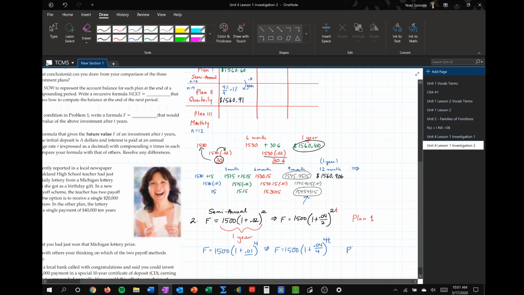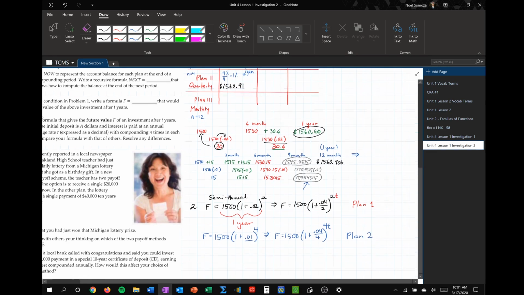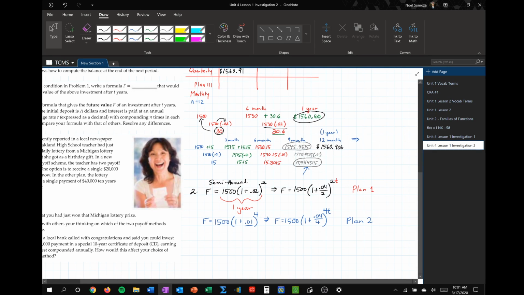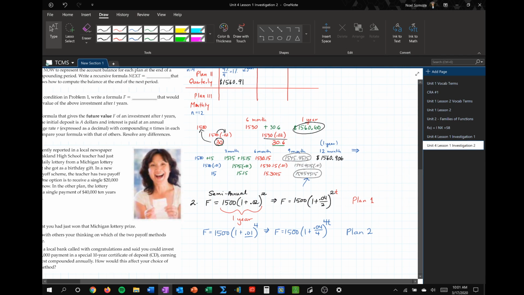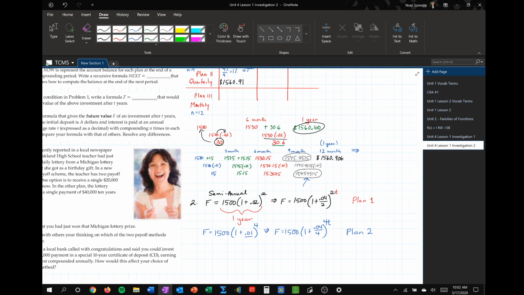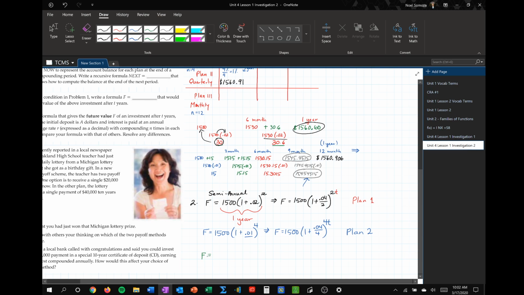That helps take care of having to do it that many times. And then the last one: we can basically build this without having to do it the long way. So for plan 3, if I want a final value, I can take $1,500.